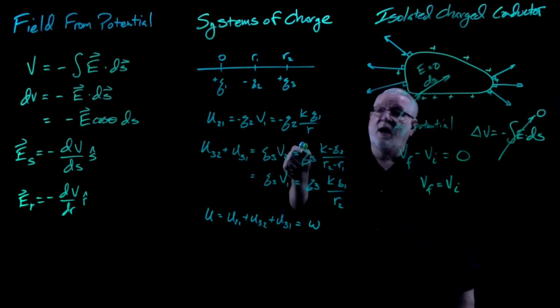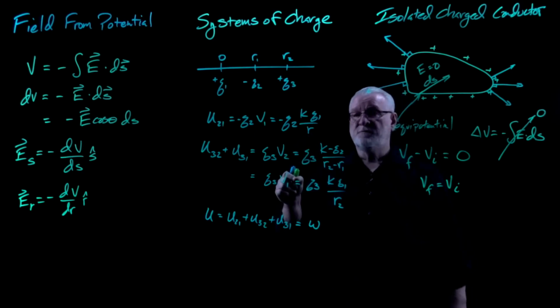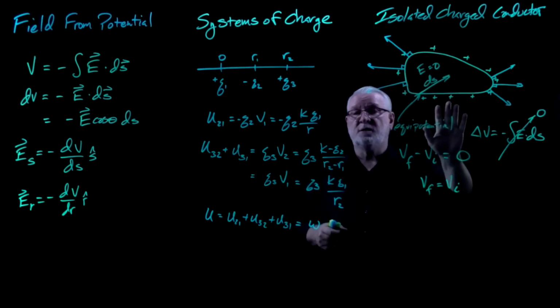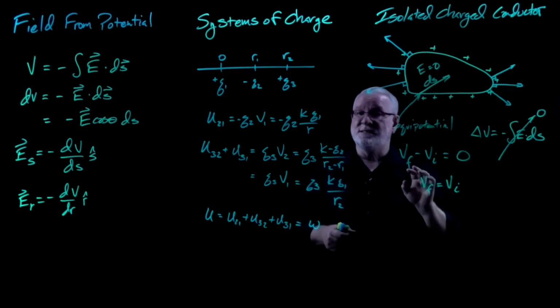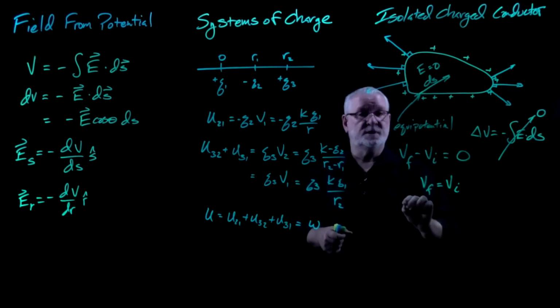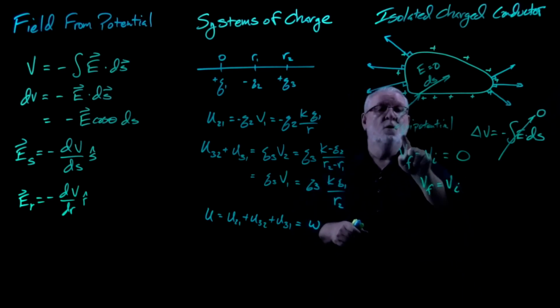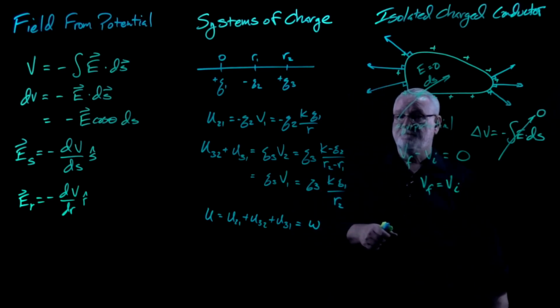We've also looked at how we evaluate energy and voltage for a set of discrete charges. And finally, we've looked at the idea that a charged conductor not only has 0 electric field inside of it, but also a constant potential. And that potential is the same potential as exists on the surface, which is an equipotential surface.